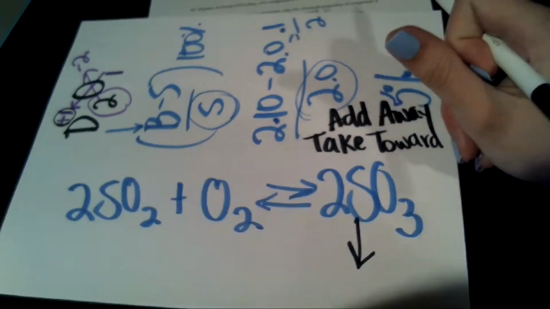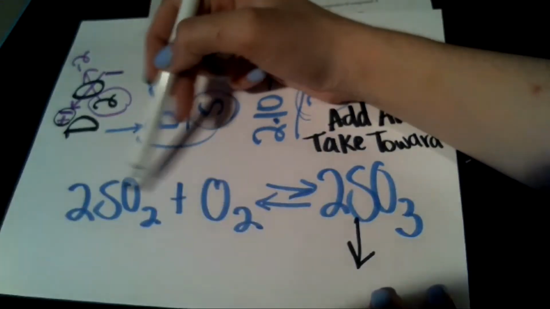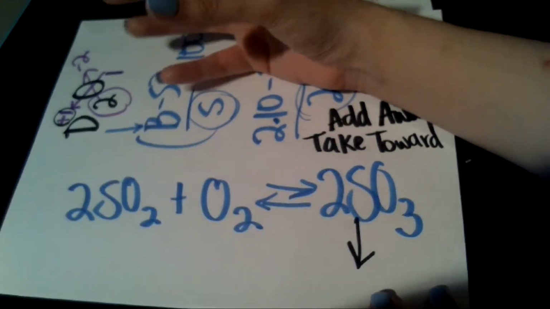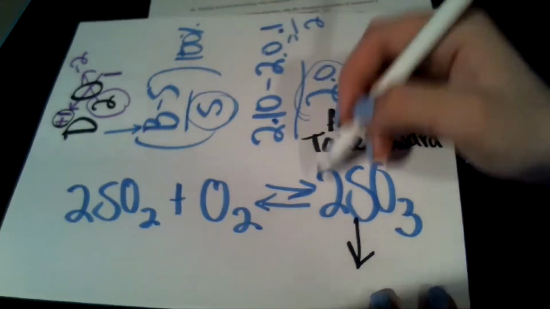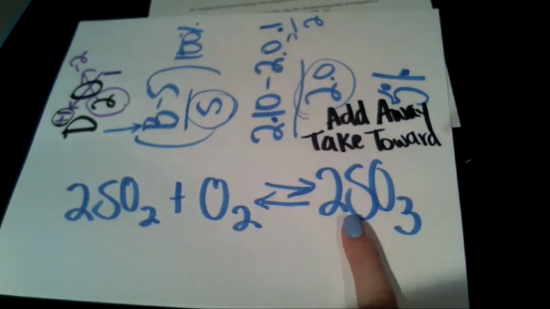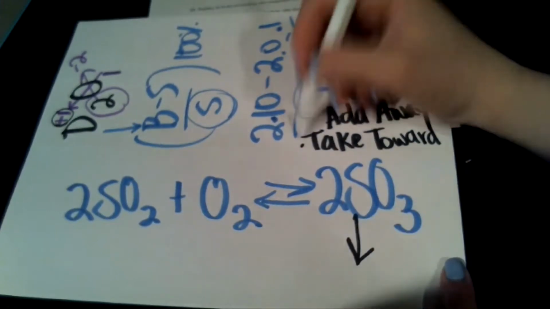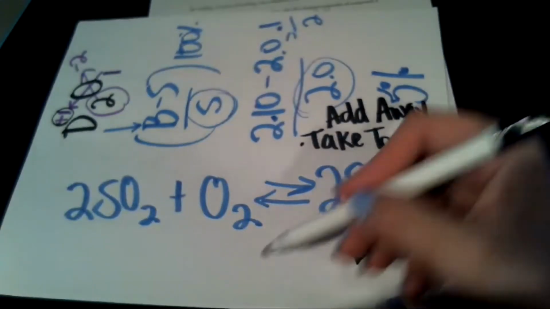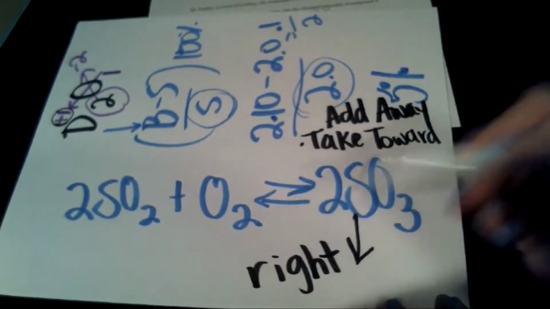So for like a split second, these compounds are going to start breaking apart so that we can form more SO3 and get back to everybody being equal again. If you take something away, you have to shift toward that thing. Because this is on the right side, we would shift right.